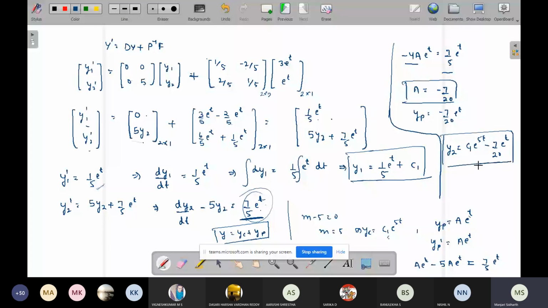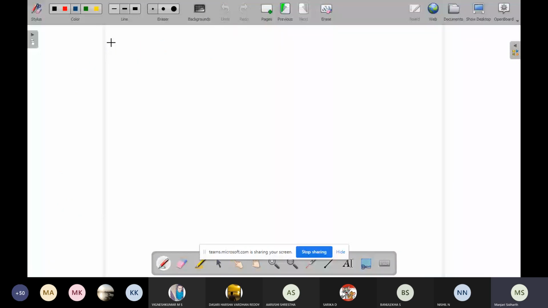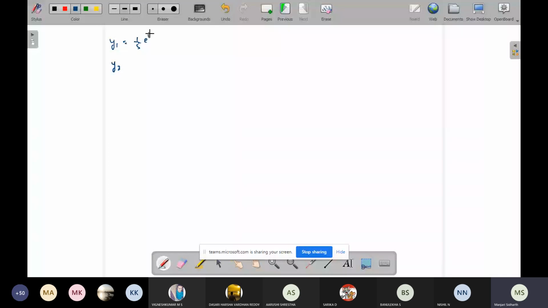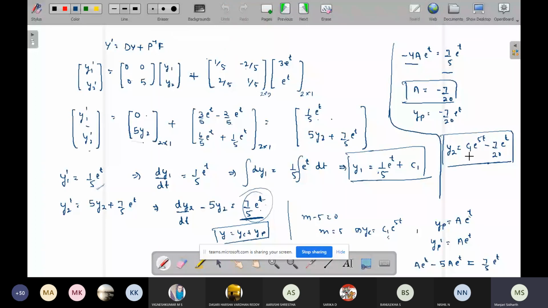So once you have y2 and y1, y1 was 1 by 5 e power t plus c1, and y2 was minus 7 by 20 e power t plus c2 e power 5t, because c1 we have already used here, so let us take c2 here.